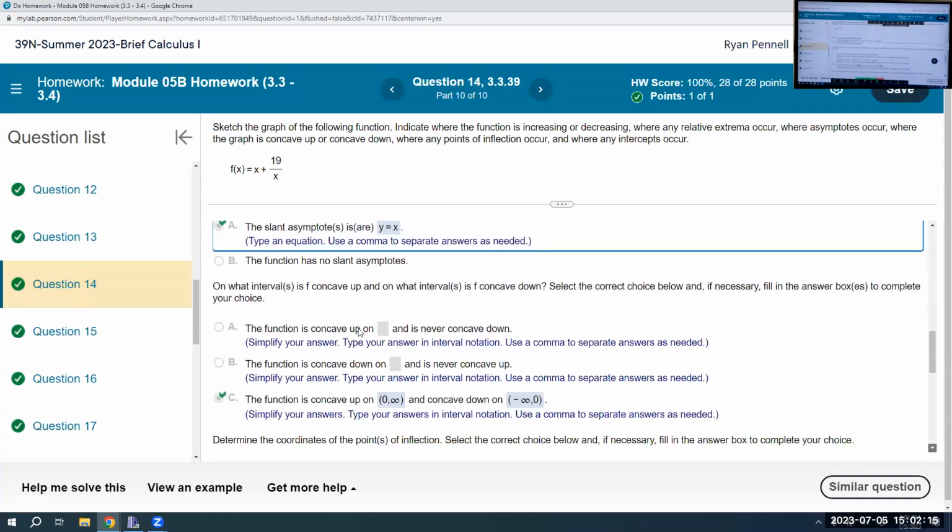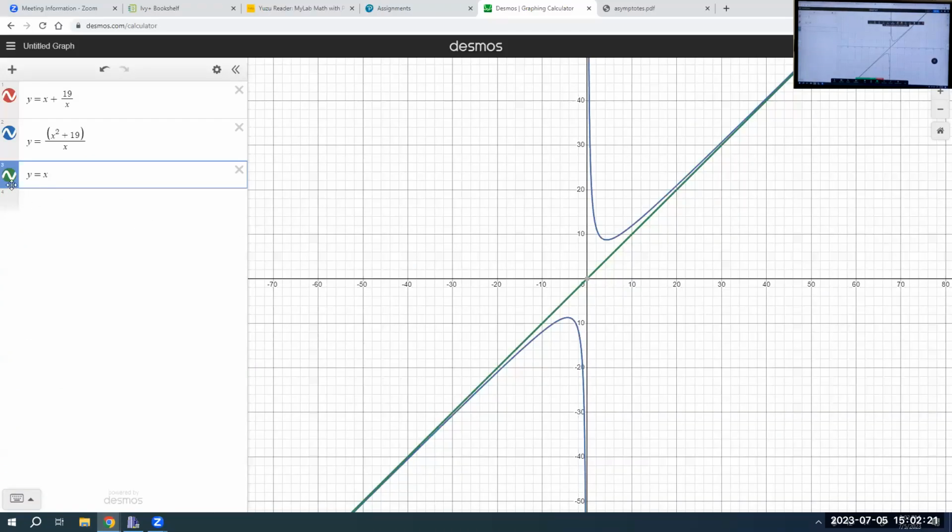Those are a little bit more exciting. I want intervals that are concave up and intervals that are concave down. Fairly easy to see if we have a graph. See, from negative infinity to 0, it's concave down. From 0 to infinity, it's concave up, at least with my numbers.